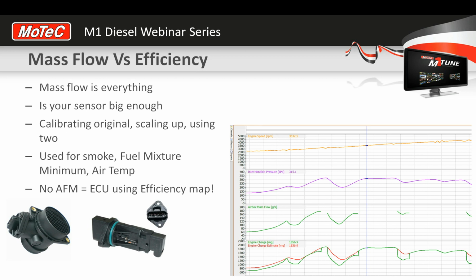The reason a MAP sensor doesn't work using a speed density style calculation is because the majority of diesels have variable nozzle turbos on them. At any given consistent boost point, those turbos can have a very high exhaust back pressure, creating very low airflow or bad engine efficiency.